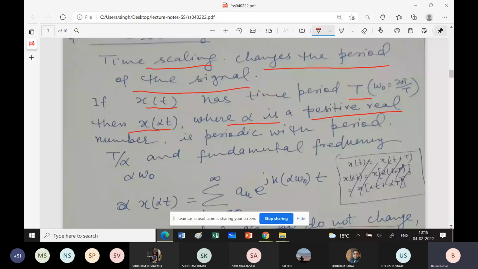So it is observed that this time scale signal is periodic using the time period t upon alpha. And the fundamental frequency will be alpha omega naught.